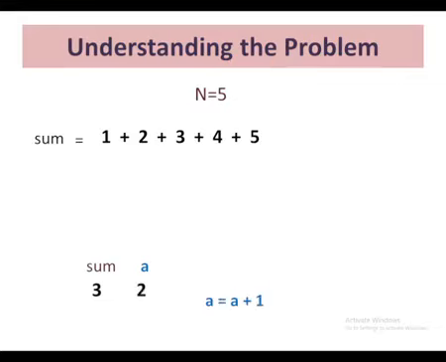So this 2 will be turned into 3. Now again I do sum equal to sum plus A. So 3 plus 3, it should become 6. So sum will be replaced by 6 now. Next I proceed by incrementing my A value. So A is equal to A plus 1. So I am referring to 4.